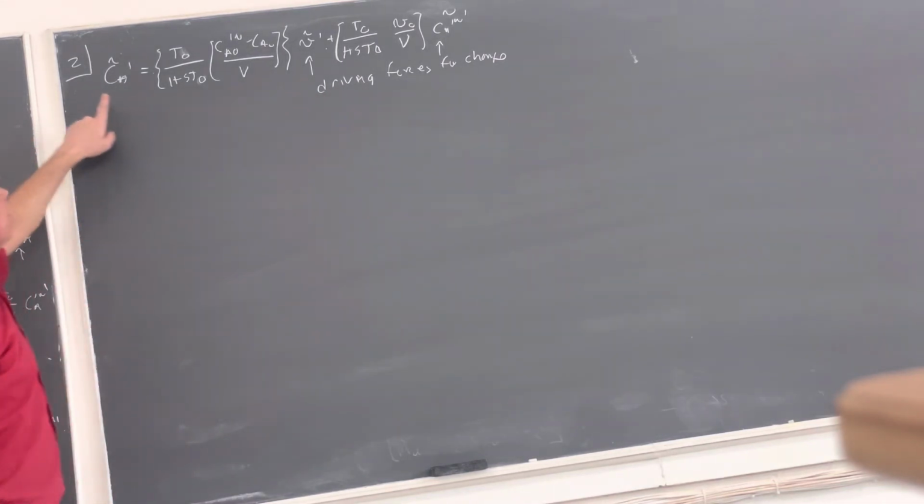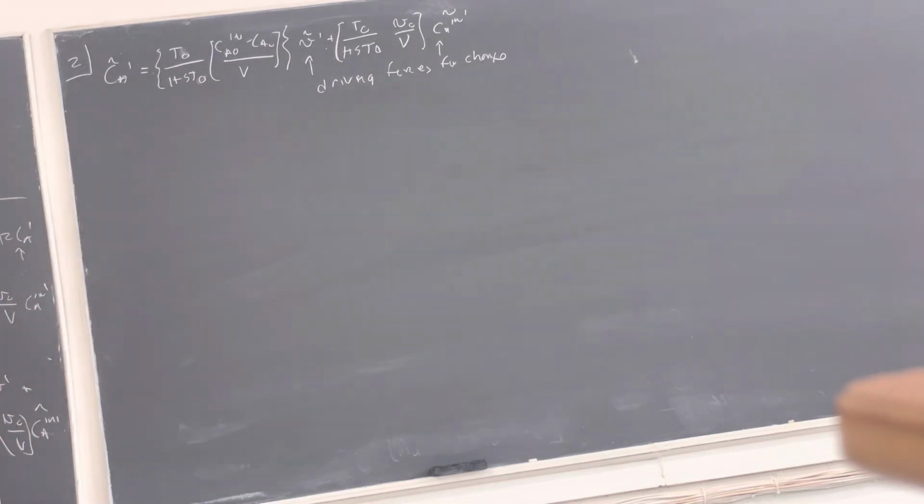They're on the right. On the left, I have CA prime tilde. So notice I can, in terms of G tilde of s, the transfer function, tells me how the outlet in Laplace space reacts to the inlet.